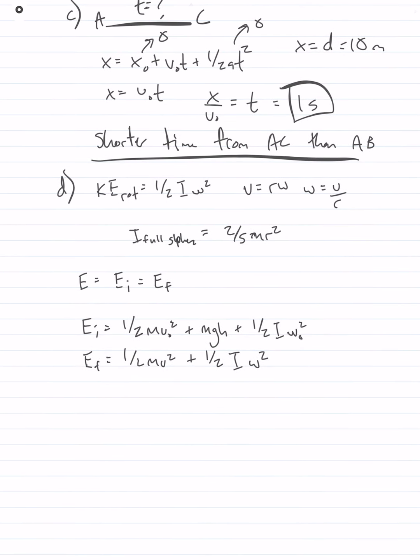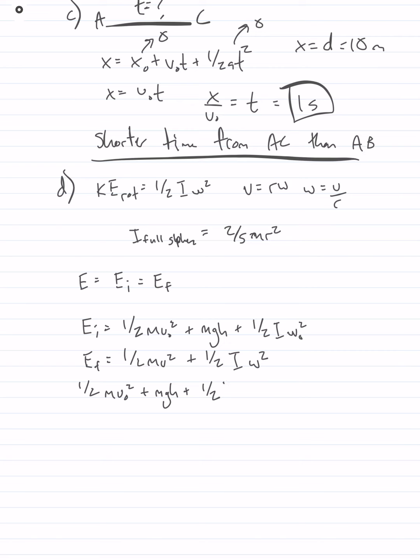Now, let's just make them equal to each other. So 1/2 mv0 squared plus mgh plus, at this point, I'm going to replace the inertia with the proper replacement, the inertia of the full sphere.